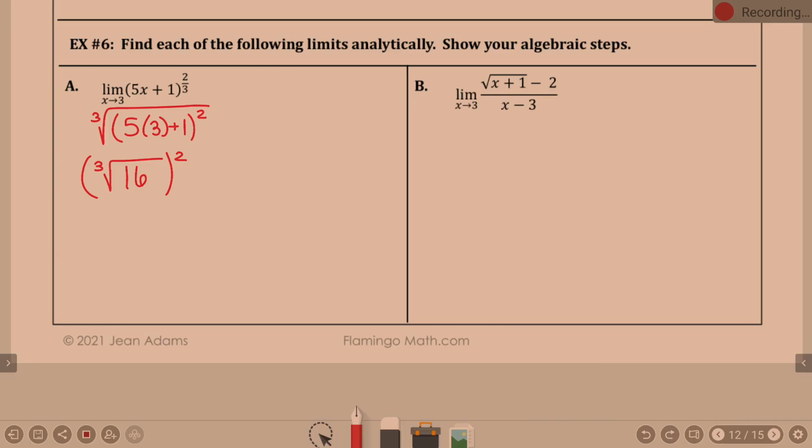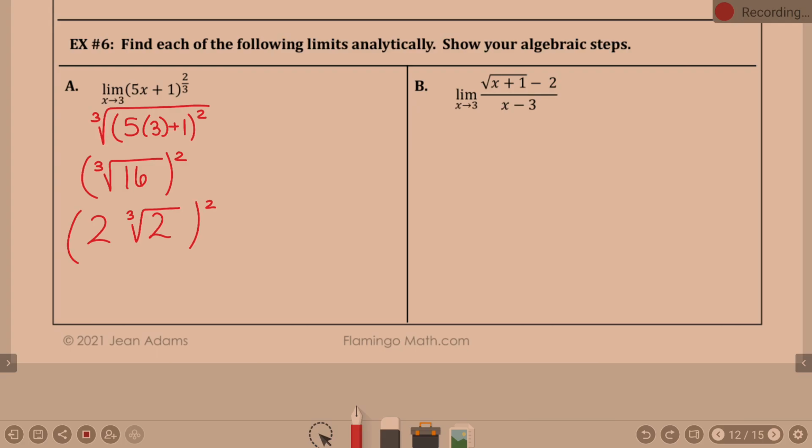There is. What's the perfect cube that's in 16? 8. Perfect cube, 8, right? And so if you pull that 8 out, what is the cube root of 8? 2. So you'd put a 2 out front times the cube root of what's left under the cube root? 2 squared.